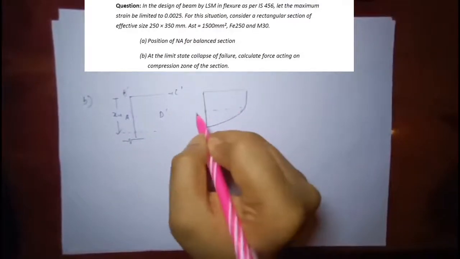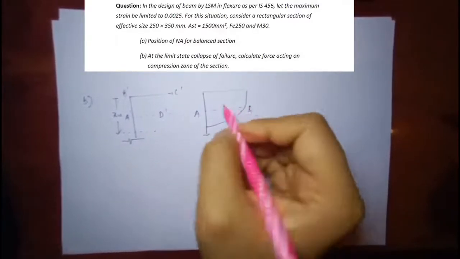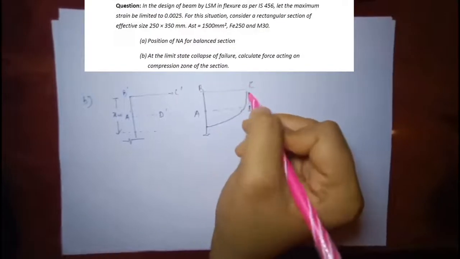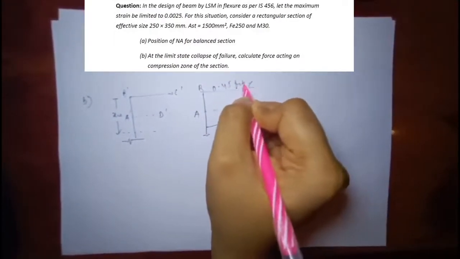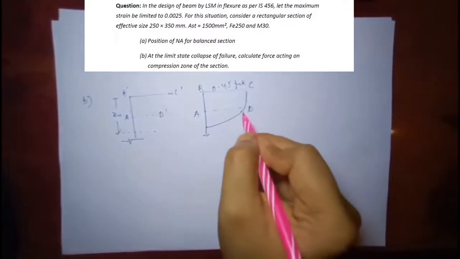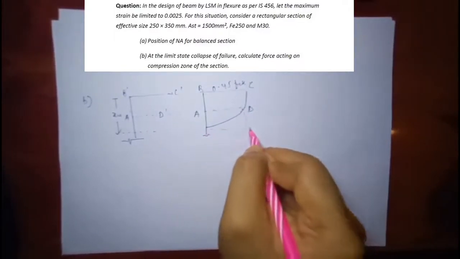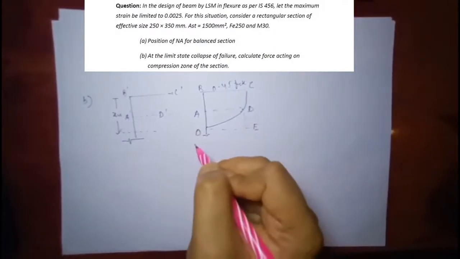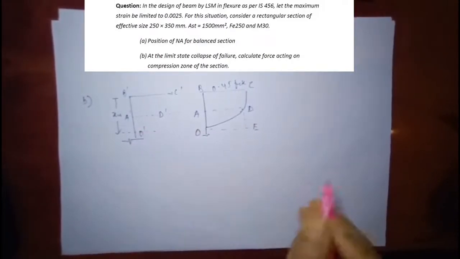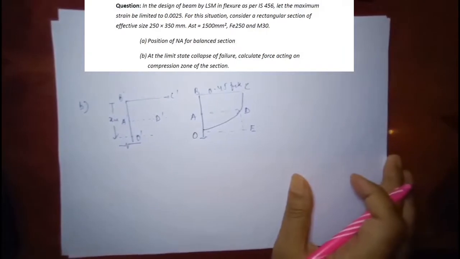Let us consider that this is our AD and this is our BC, and it is 0.45 fck. Let us extend this up to E, and this is O. This is O prime.